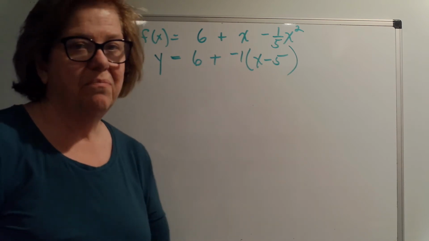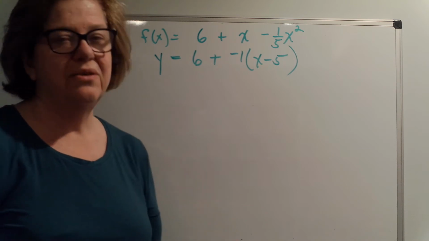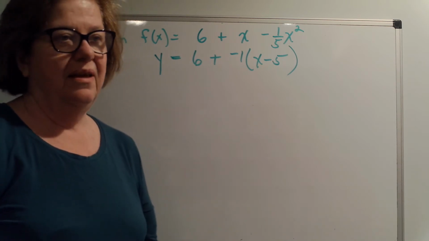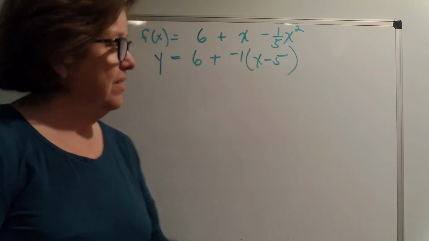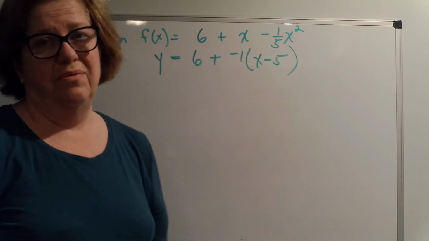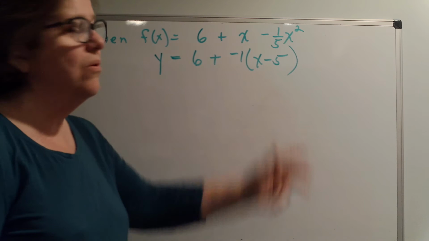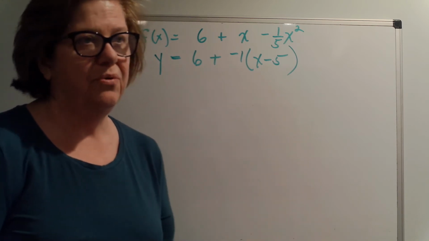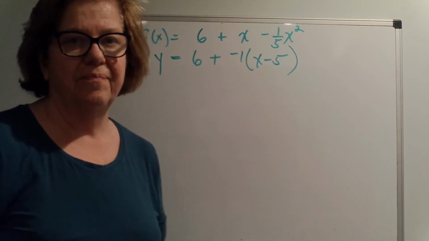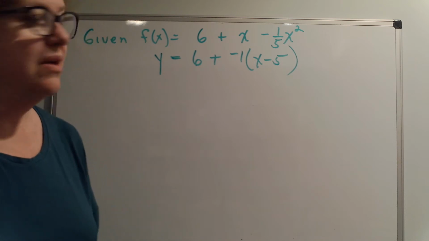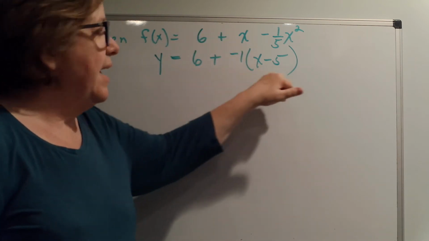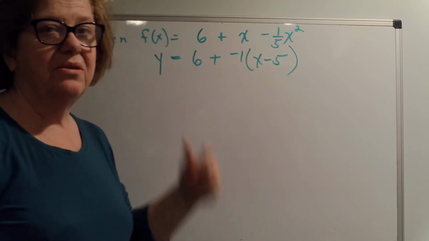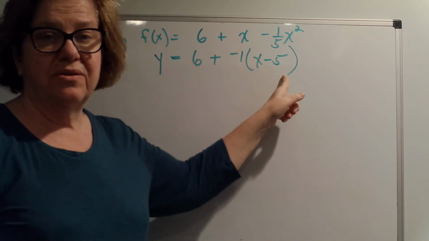There are, however, many situations in engineering, in higher mathematics, in physics, where you don't want to use the original function because it's so complex, it takes too much computer power, whatever. There's various reasons you don't want to use the original function. But we can use an approximation, the equation for the tangent line.